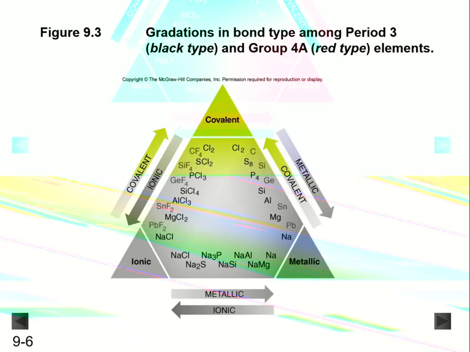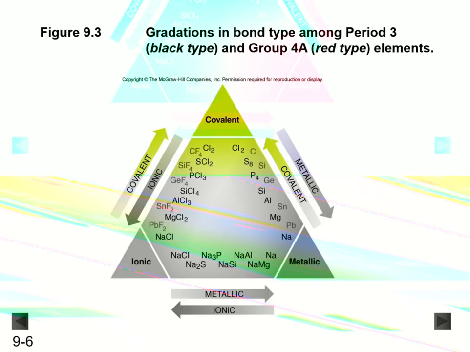Silicon is a semiconductor showing covalent bonding in the solid state structure, and it's a much more rigid structure that does not delocalize and does not deform nearly as readily as aluminum or magnesium or sodium. So silicon really represents the transition from metallic to covalent, where we're having covalent interactions within the solid state structure.